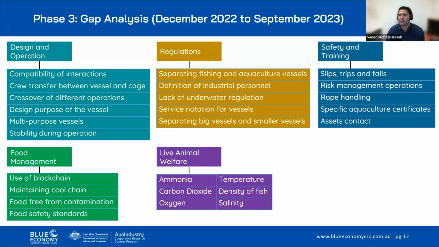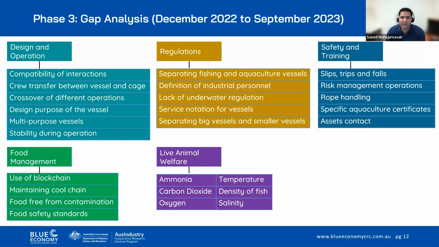So, for example, for design and operation, some of the key challenges raised during the interviews were compatibility of interactions between vessels and pens, crew transfer procedure, safety and designing an efficient path for crew transfer, coordinating different operations happening simultaneously, the specific design purpose of the vessels, and stability during operations.